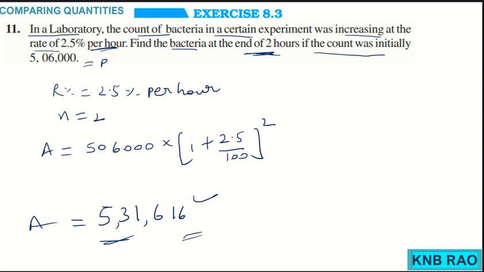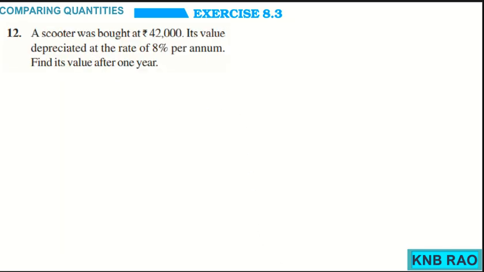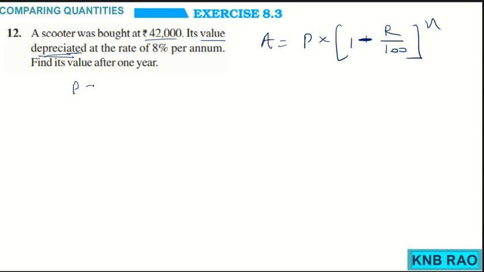Now, coming to the last question, exercise 8.3: a scooter was bought at 42,000 and its value depreciated. Depreciated means we have to use the formula A equals P into 1 minus R upon 100 whole power n. Here the value of the scooter is 42,000 initial value, the rate is 8% per annum and after 1 year, so n equals 1 year.